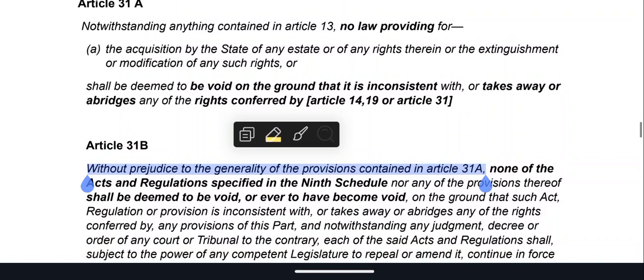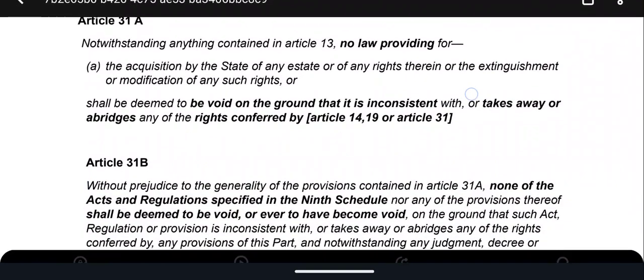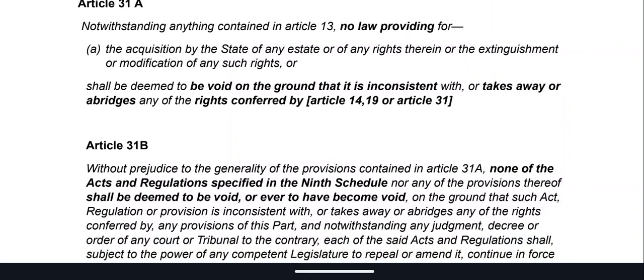What it is saying is that from now onwards, any state land reform act, even though it is violating article 14, 19 and 31, shall not be held void. It will be valid only. So the Bihar Land Reform Act, AP Land Reform Act, any land reform act, even if it is taking away or abridging my fundamental rights provided under article 14, 19 and 31, will still be valid. It gets immunity from article 13 via the newly inserted article 31A.